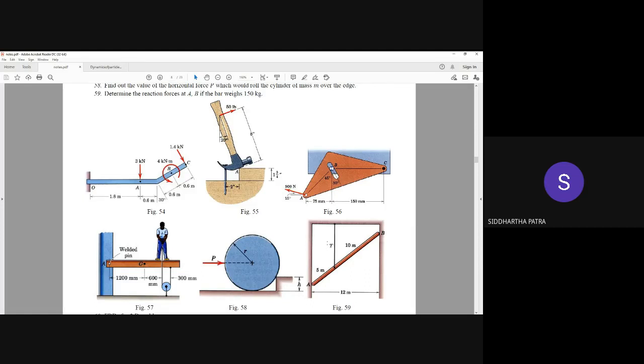One more thing, the force at B in this third diagram, figure number 56, is supposed to be perpendicular to the axis of the slot, which means this line right here, which makes an angle of 30 degrees with the vertical.